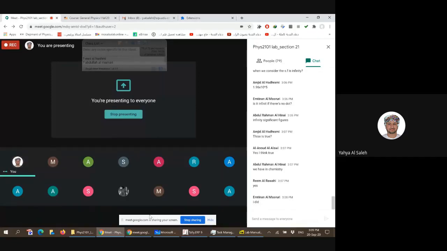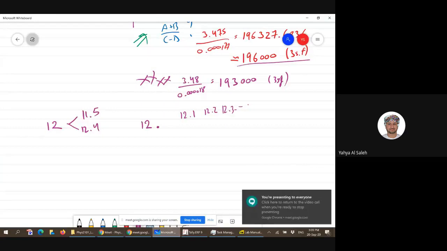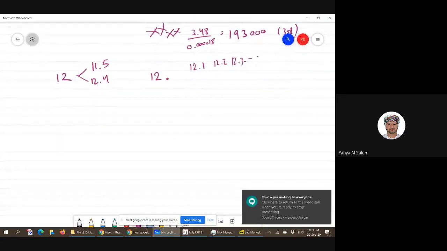Okay, so your book has a suggestion to know the exact numbers. Their suggestion is use scientific notation.